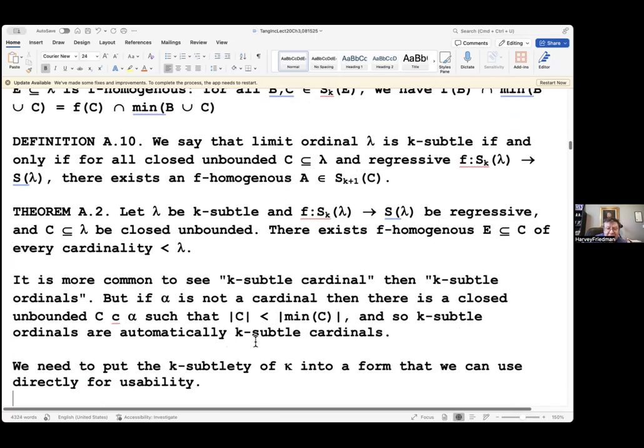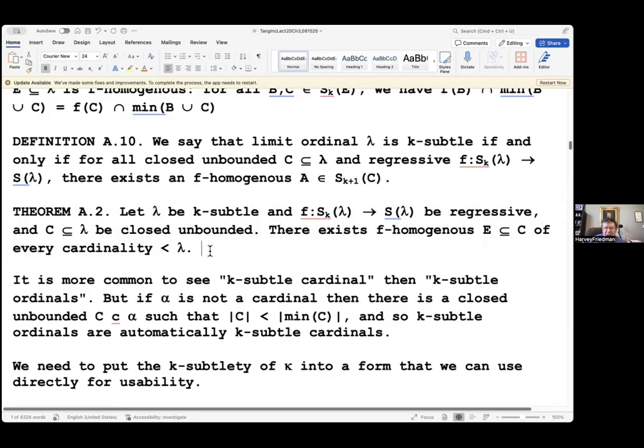So I need to massage this in order to use it. Oh no, this is an extension. Yeah, I think I credit this to Baumgartner. It's not obvious, but it's proved in that paper from scratch, and I think it's due to him: there's an F homogeneous set of every cardinality, not just of cardinality k plus 1, but you actually get one of every cardinality less than the k subtle cardinal.